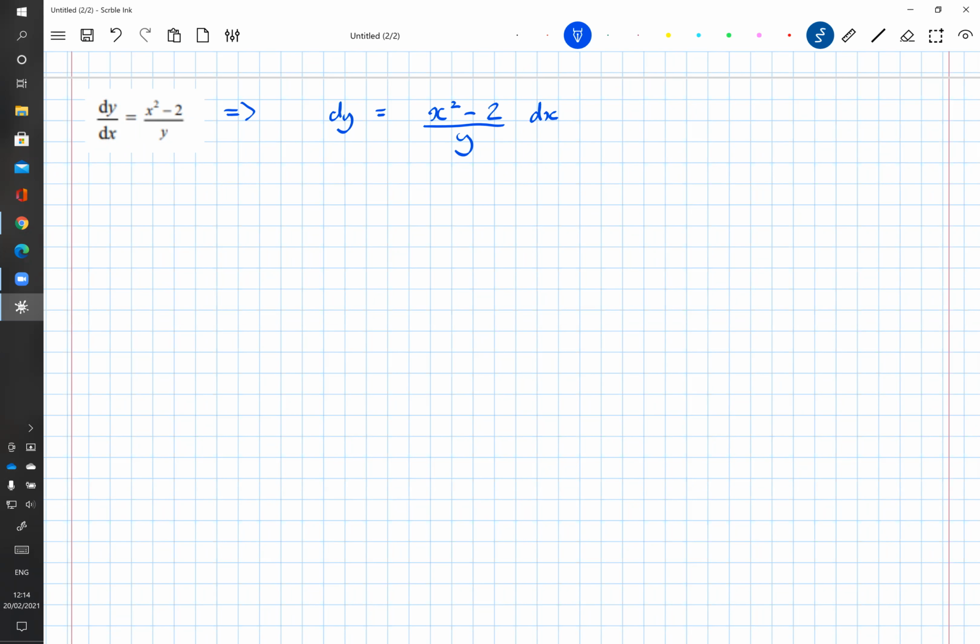And notice that the y's are on the wrong side. They need to be attached to the dy. So if we multiply by y, we get y dy equals x squared minus 2 dx. And now we're ready to integrate.